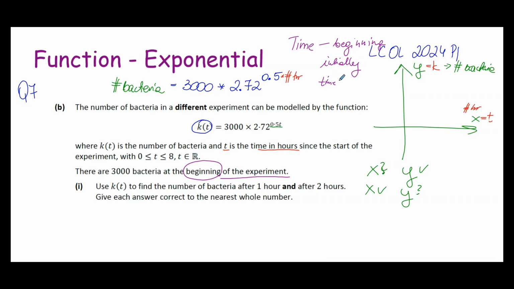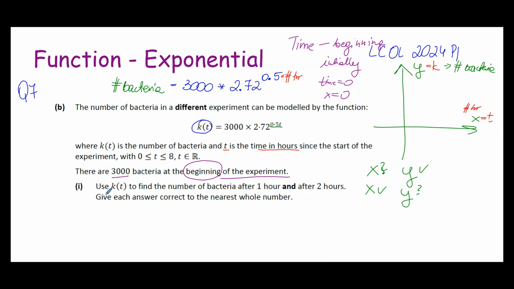Time is 0. So basically they are referring to the value of x being 0. That's something to have in mind. They're saying when time hasn't started counting, when time is 0, there were 3,000 bacteria. So that was the value of bacteria.